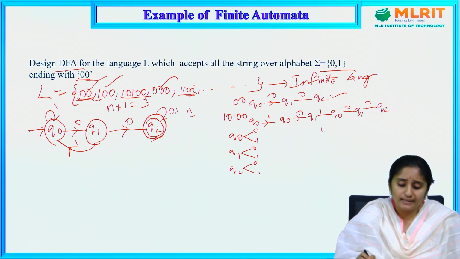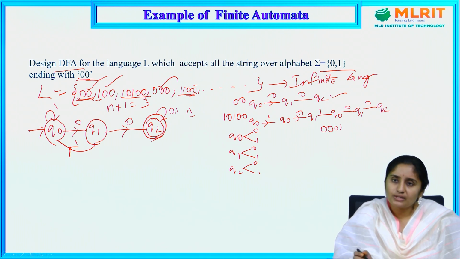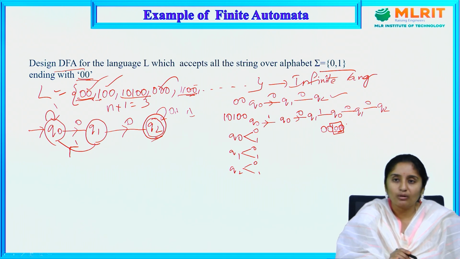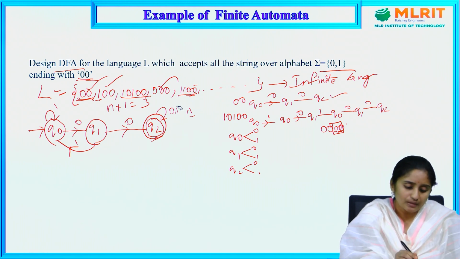The string it takes is 0, 0, 0, 1. This string is also accepted. But my condition is that it should not have 1. 0 should be followed by 0 only, not 1. That's why we are not keeping 1 here.